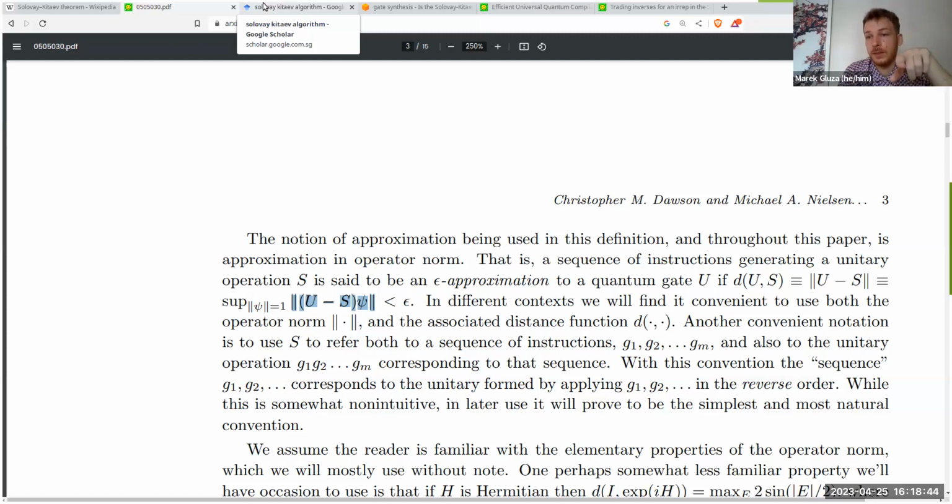So you could think of this as the equivalent of double or floating point precision in regular numerics, right? If I work in NumPy, I have approximations of real numbers up to 10 to the minus 14. That's my standard precision of matrix multiplications and so on. So that's the floating point precision, and the epsilon is here.